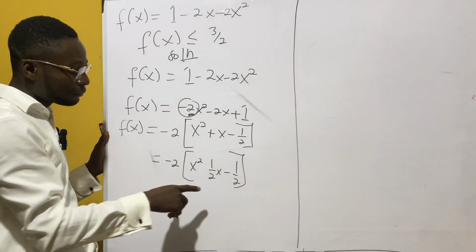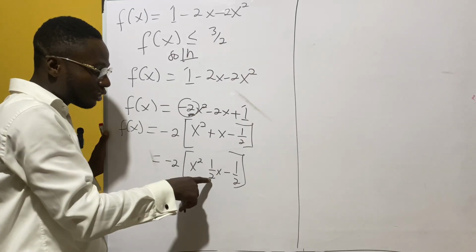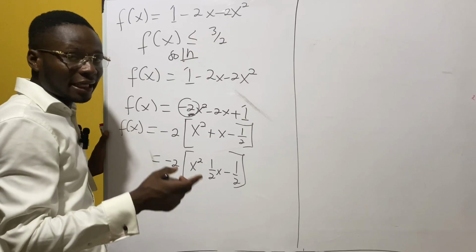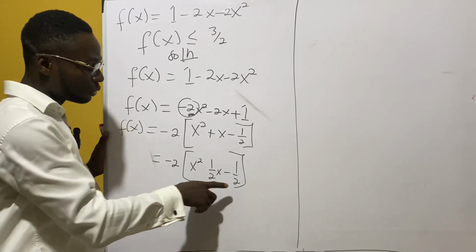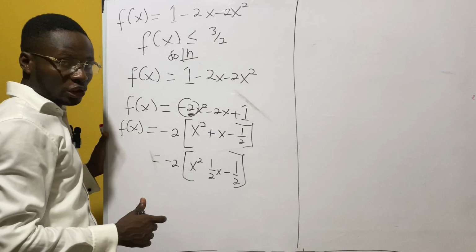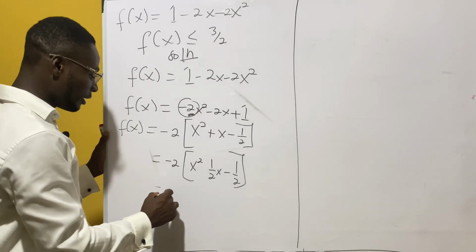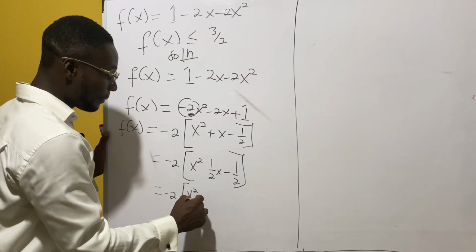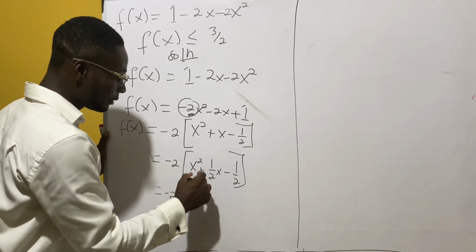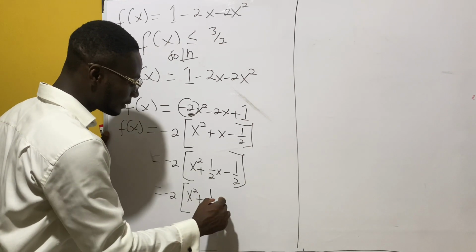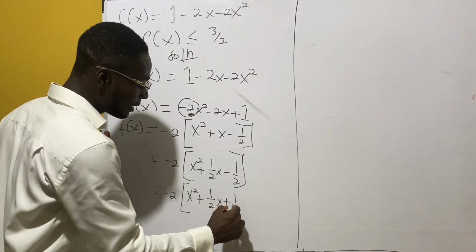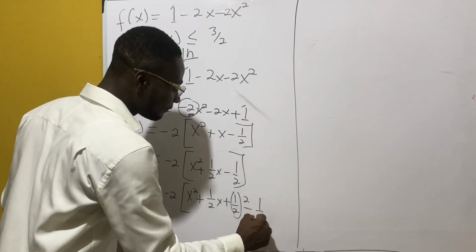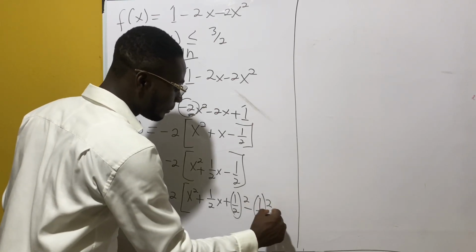The result we have, we square it and then we add and subtract it in the equation. So here we have negative 2 into x squared plus half x plus half, all squared, minus half, all squared, minus half.